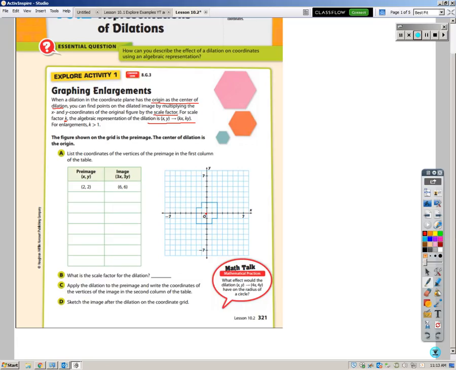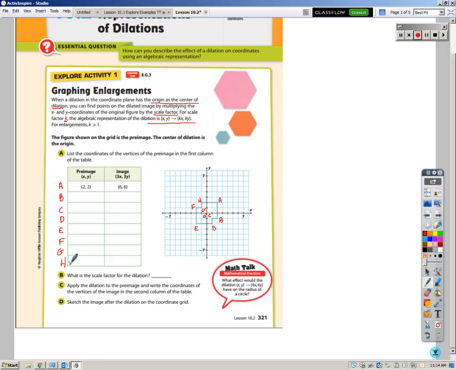Okay, and it doesn't have these vertices labeled, so I am just going to go ahead and label them because it makes me know that I've got all of my vertices listed. So A, B, C, D, E. We'll call this one F, G, and H. And I'm just going to go ahead and write these here on the column. F, G, H. Okay, so now I know that I've got all of them.